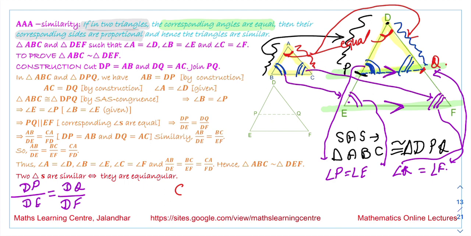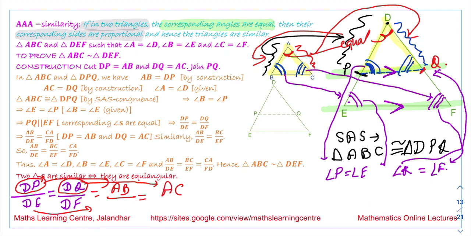Now this length DP is equal to the length AB, and this length DQ is equal to the length AC. So this is our result, that DP over DE is equal to AC over FD.